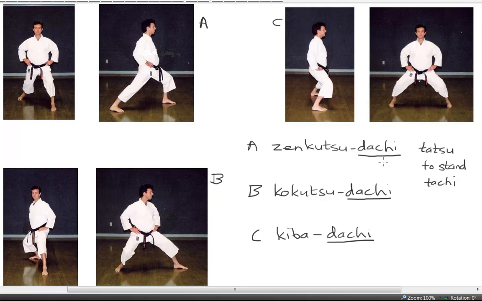So getting back to the stances here. Dachi meaning stance. Zen, this character in Japanese, means front. Ko meaning back. And this little part here, kutsu, the character for kutsu means to bend.